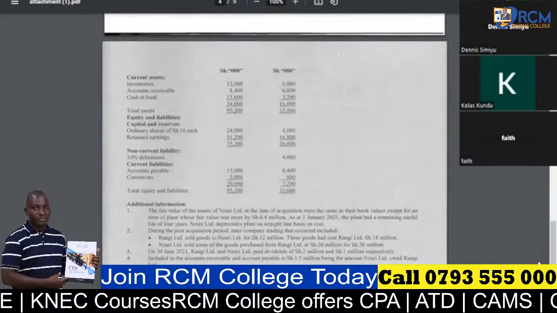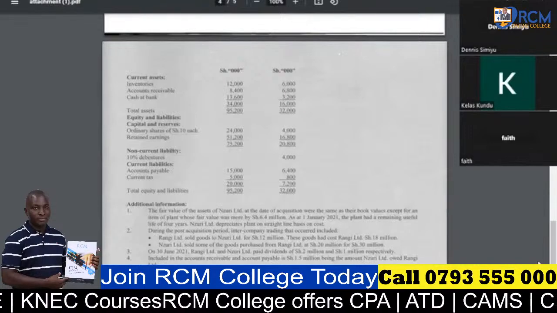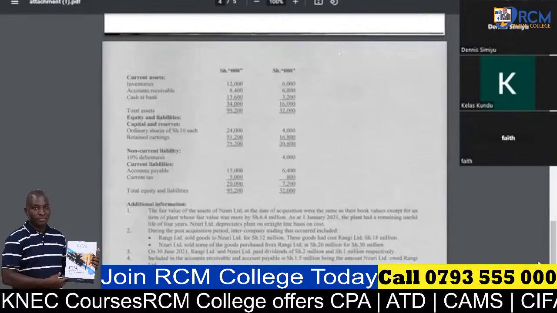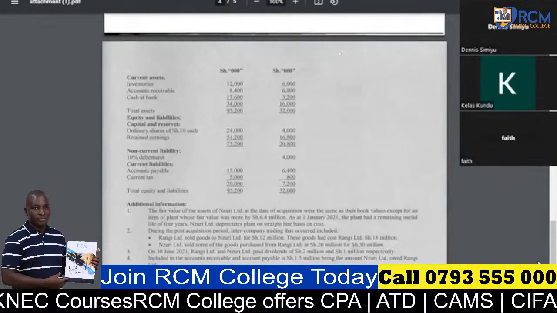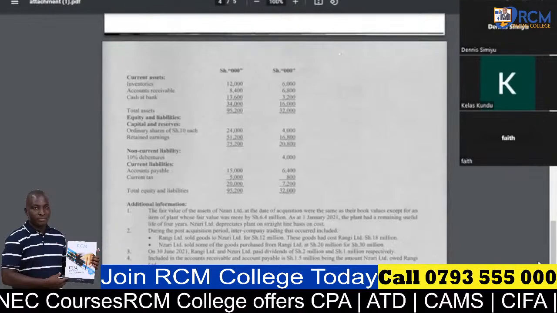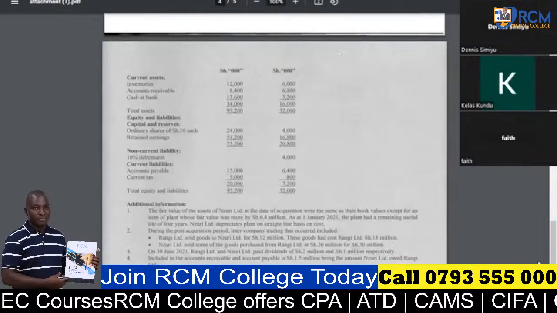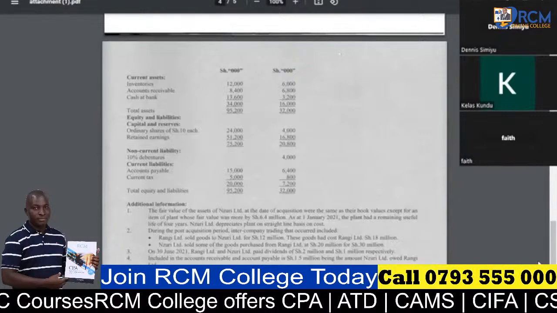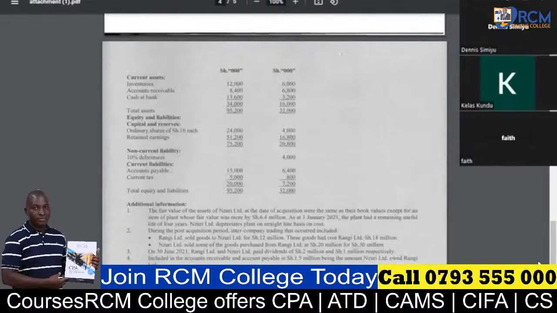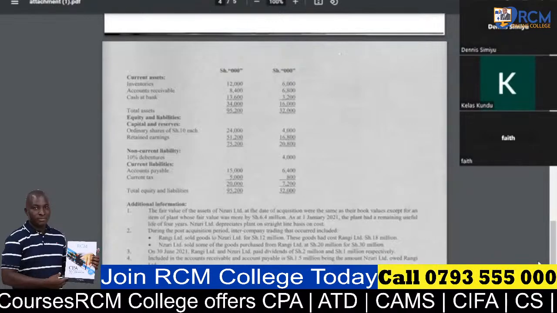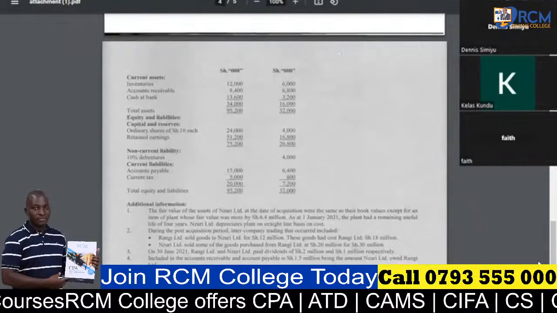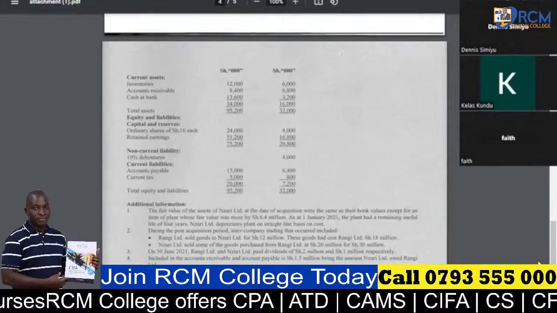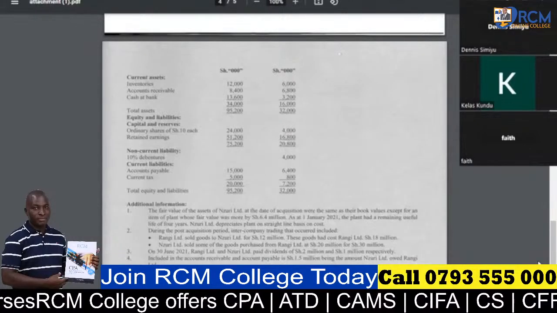Included in the accounts receivable and accounts payable is 1.5 million, being the amount of Nzuri owed to Lag Limited. 5. Goodwill is considered to be impaired by 25% as at 30th September 2021. Goodwill impairment is classified as an administrative expense by the group of companies. So impairment of goodwill is in most cases added to the admin expense.